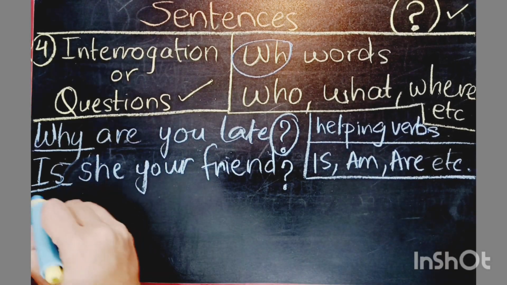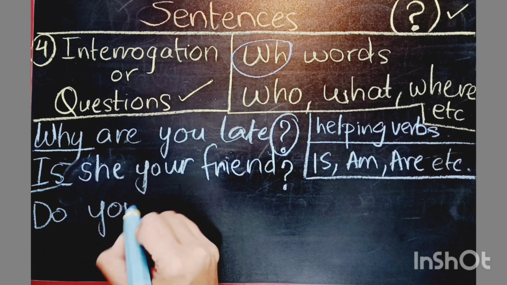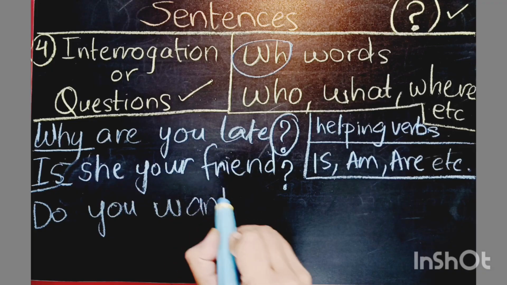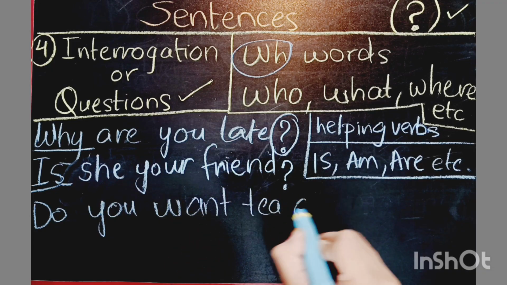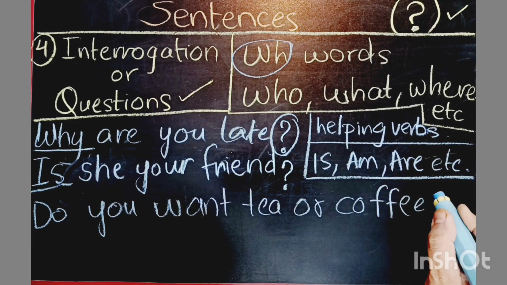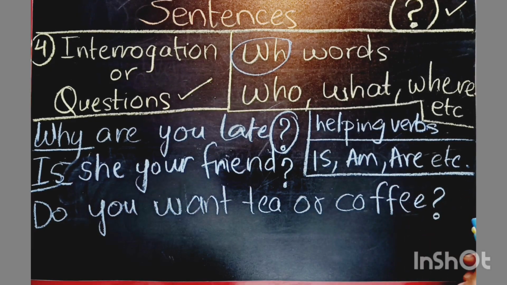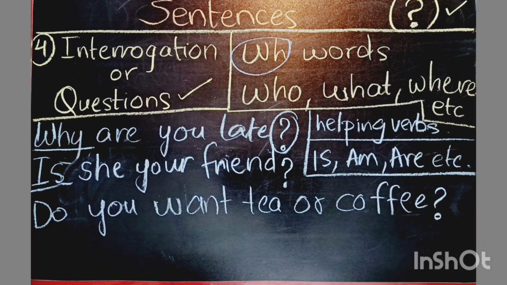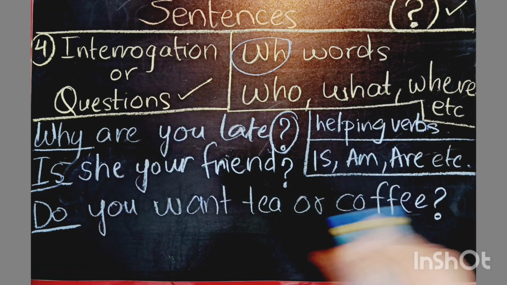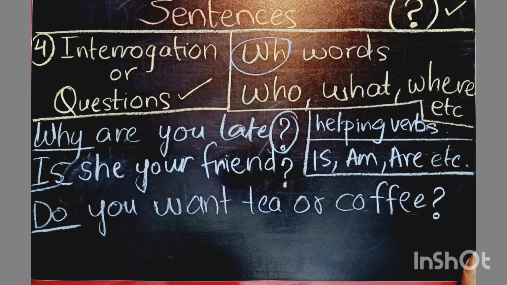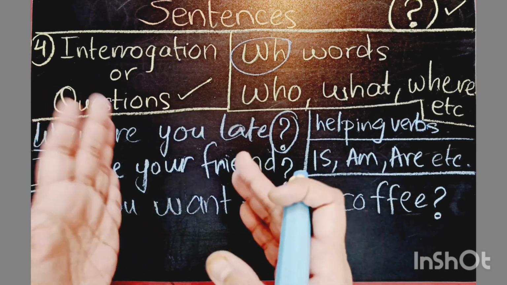let us write, do you want tea or coffee? Do you want tea or coffee? And question mark. Question mark in the end. So, this sentence is actually the politest way to ask about the offer or a choice between two options.